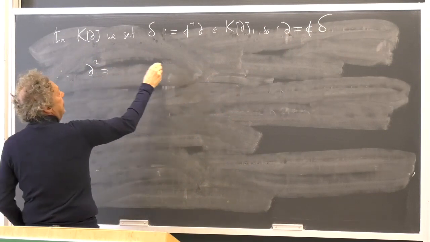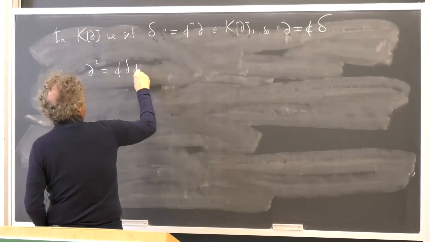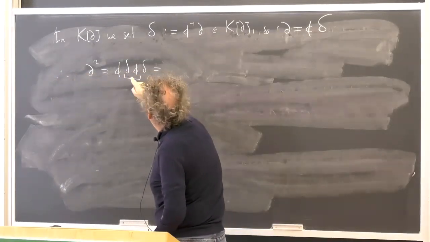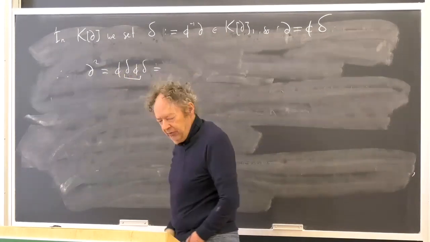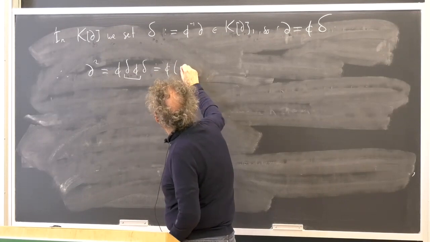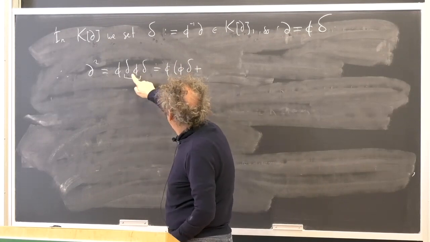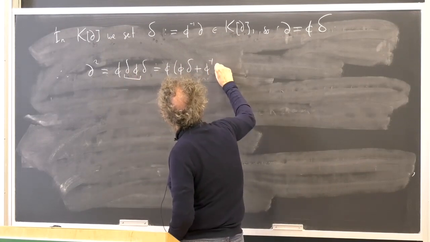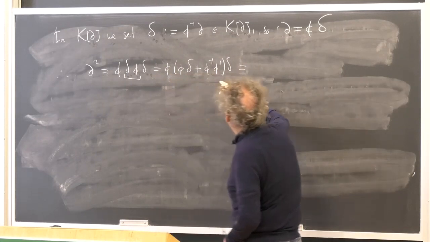Therefore, delta squared equals, we are just doing the product in here, phi funny delta times phi funny delta. Now we have to bring all the scalars, so to say, all the elements of K, to the left. So this is phi times phi funny delta plus the derivative of phi with respect to funny delta, which is phi inverse phi prime, and then delta.